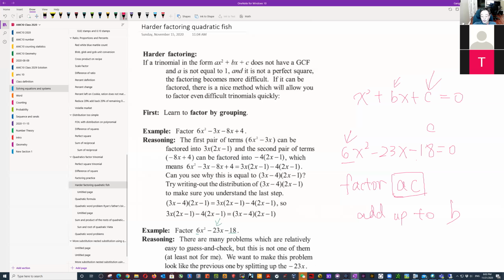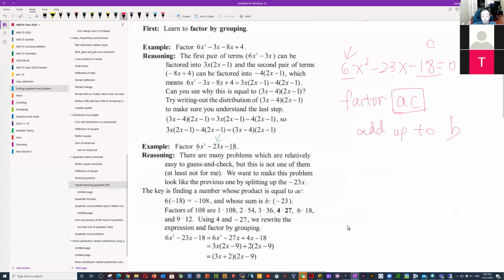So here we have 6 multiplied by 18. I think it's usually best to use the factored form rather than multiply it up, because it's not very useful to find everything that adds up to a big number.